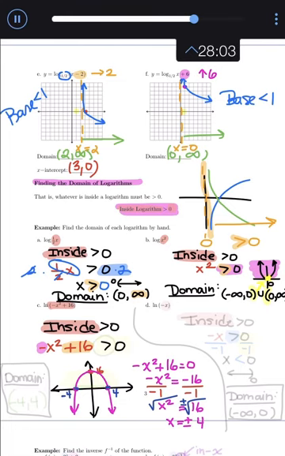Now, why is that even important? Because remember, I'm worried about when this parabola is greater than 0, meaning above the x-axis. Well, where is it above the x-axis? It's this part of the graph that's on top. Well, that part of the graph starts here at negative 4 and goes all the way to positive 4.